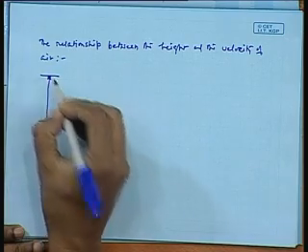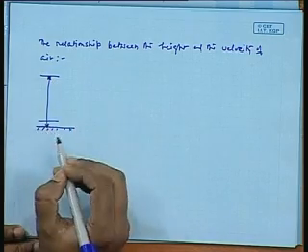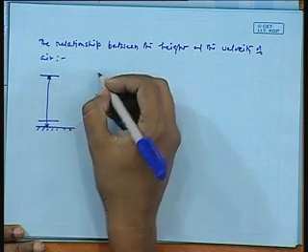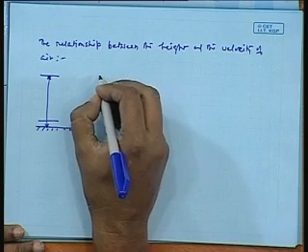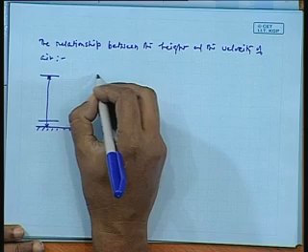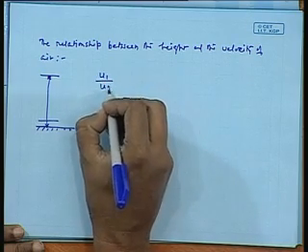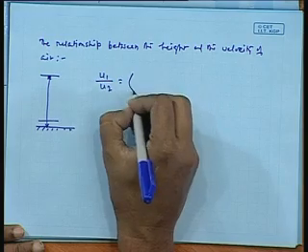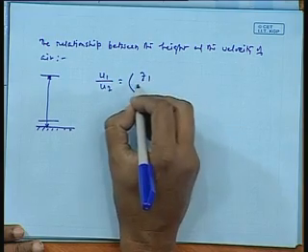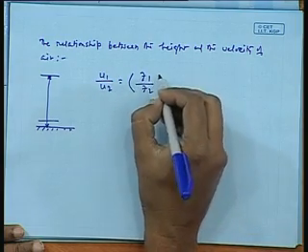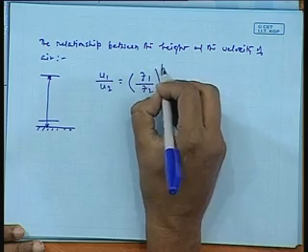In such a case, we can use a power function, which is explained like this: u1 by u2 is equal to z1 divided by z2 whole to the power p.